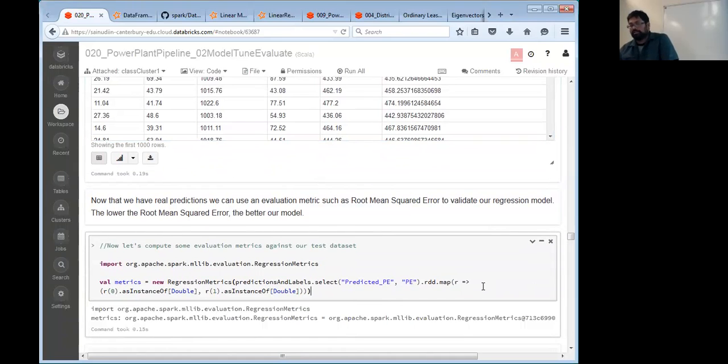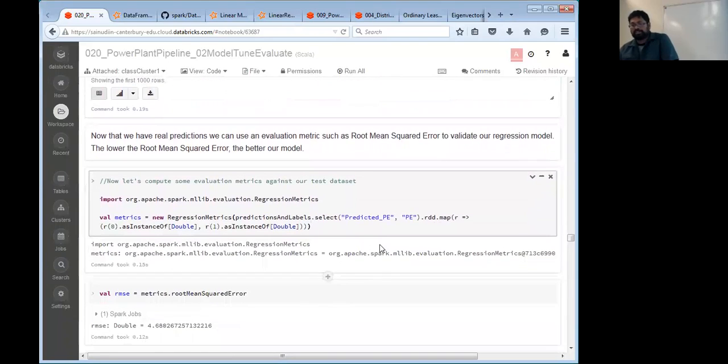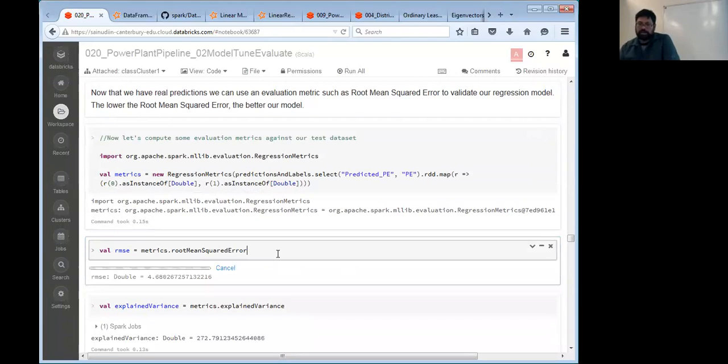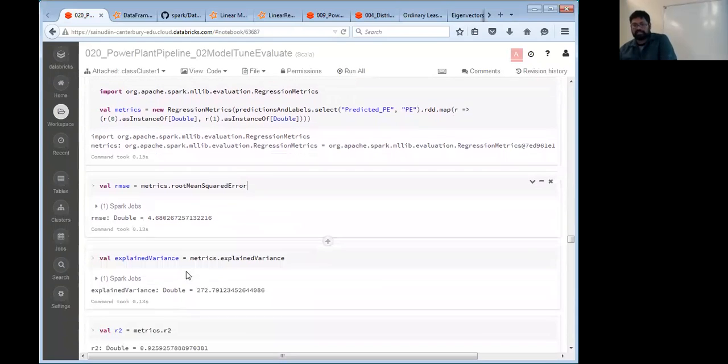And then we're going to turn that data frame into an RDD and map each row via this closure, which is taking the first element of the row as instance of double and the second element of the row as instance of double. Right? So that's just these two columns. So now I just have the predicted value and the actual response. So now I can compute the root mean square error, which basically is 4.68.